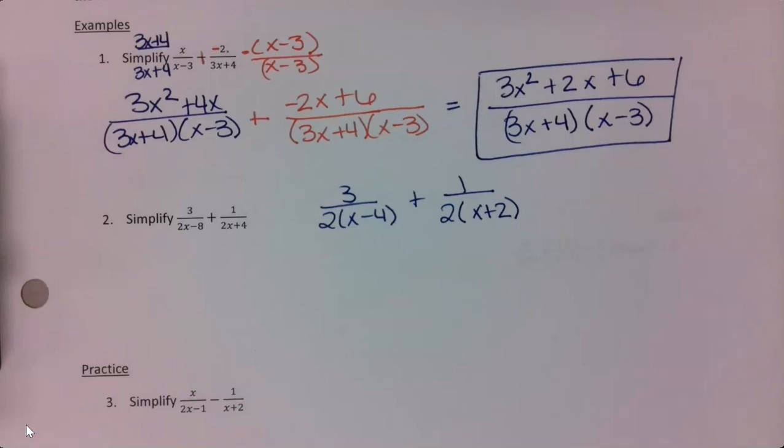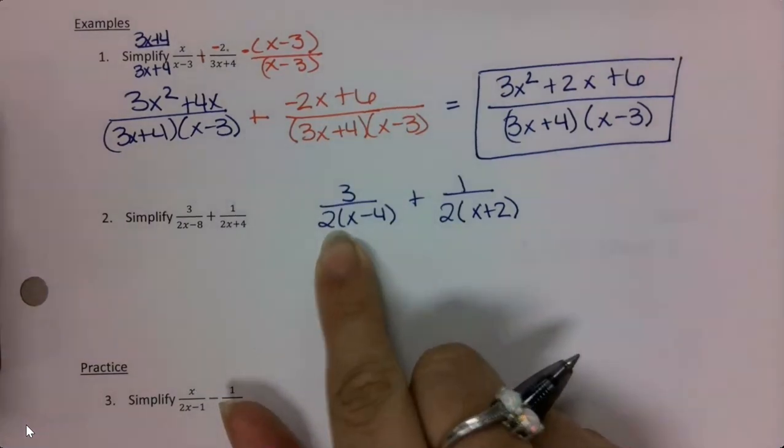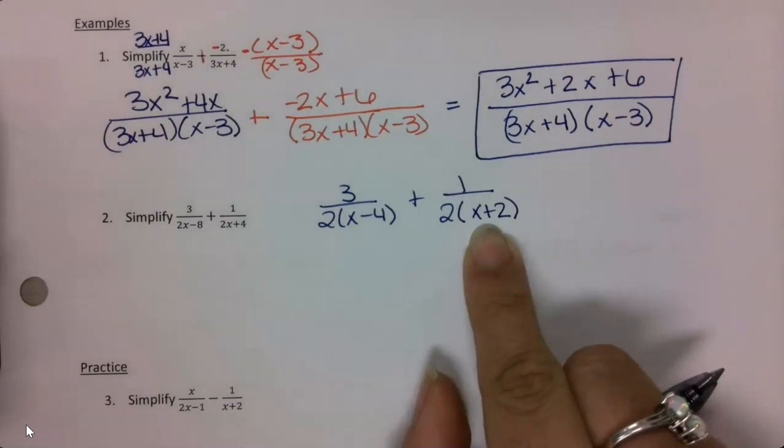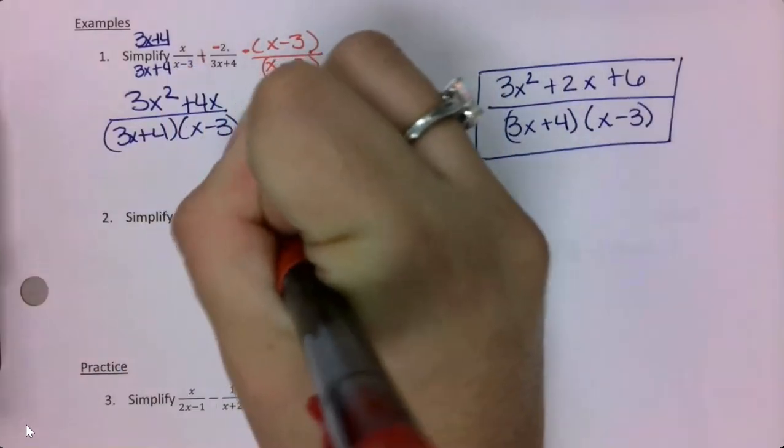Okay. Then I want to look at what I'm missing from this one. So it already has a 2 and an x minus 4. I still need the x plus 2 on this denominator. So I'm going to multiply the top and bottom here by x plus 2.